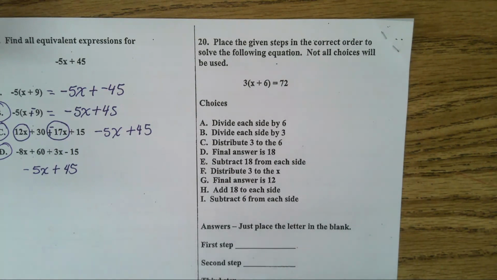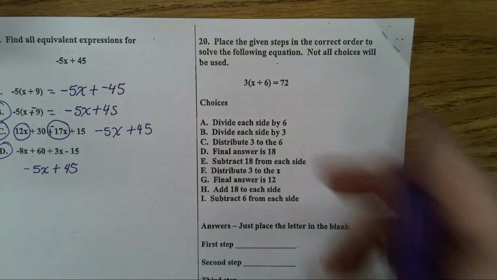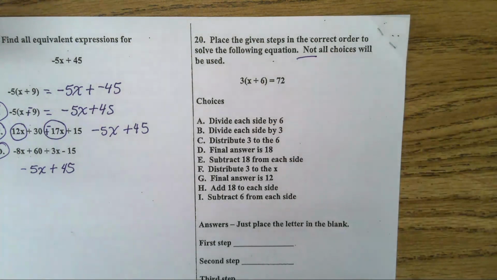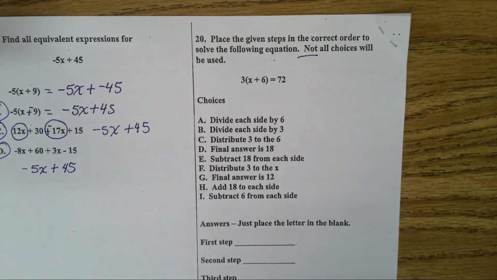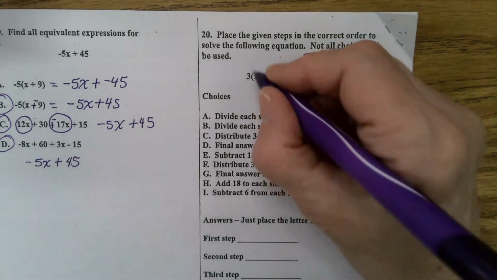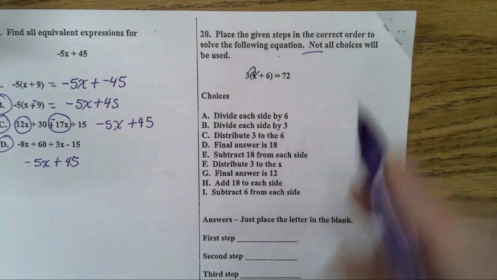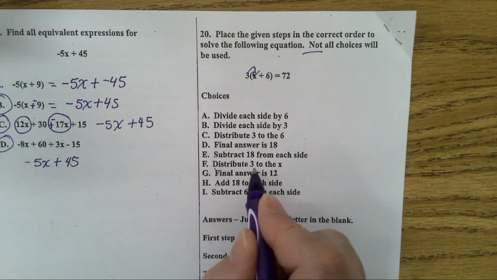Okay, number 20. Place the given steps in the correct order to solve the following equation. Note, not all choices will be used. Well, the first thing I'm going to do is multiply 3 times x. That's not written there. Oh, but distribute 3 to the x.